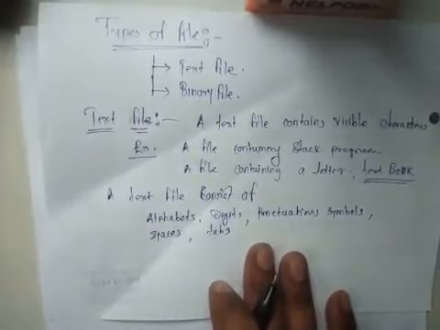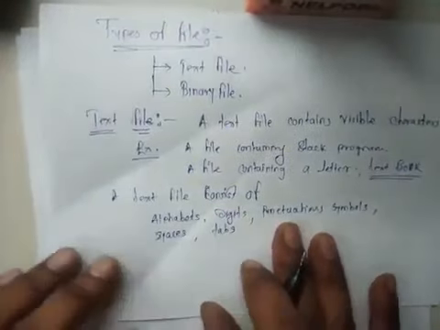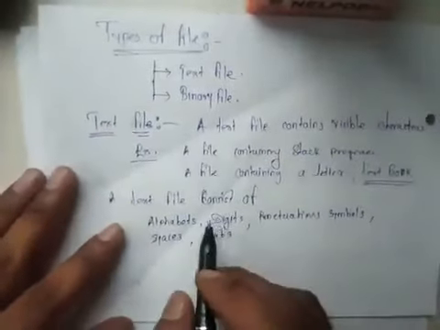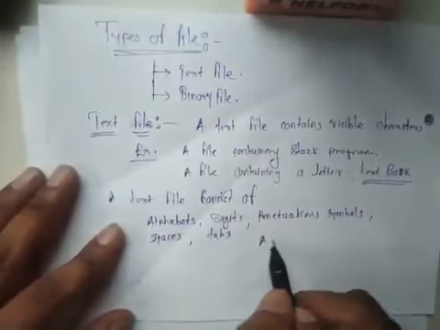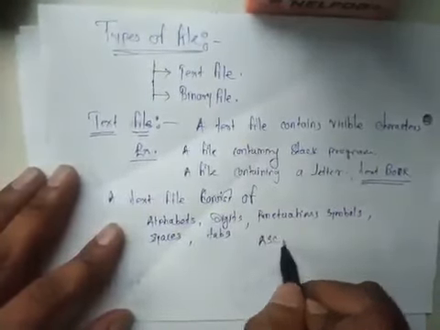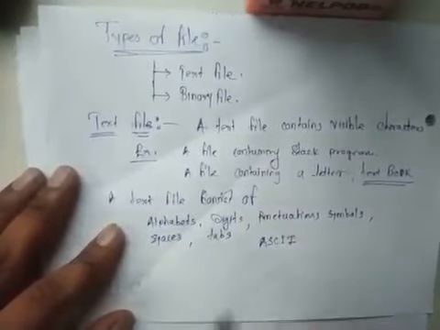A character is stored in a file by its ASCII value. Whatever characters we are storing in a file are stored by their ASCII values.